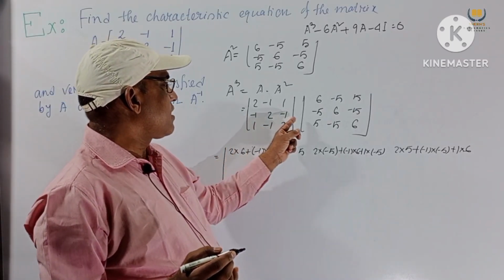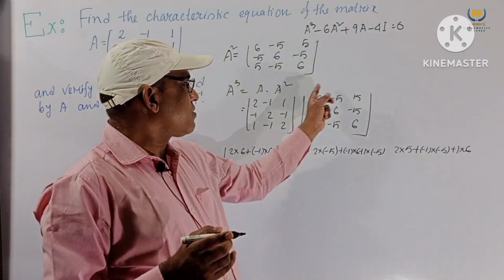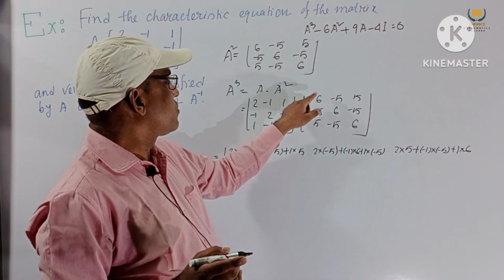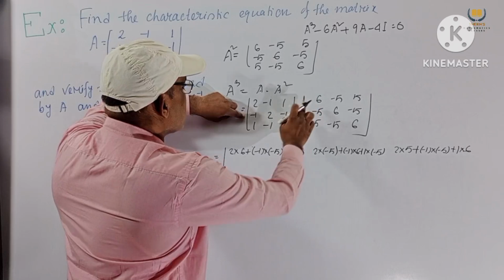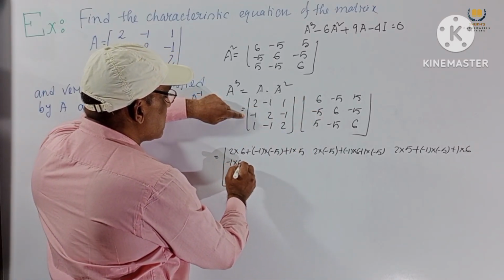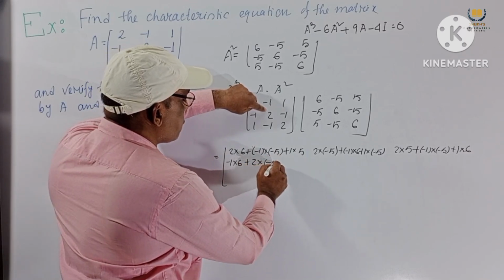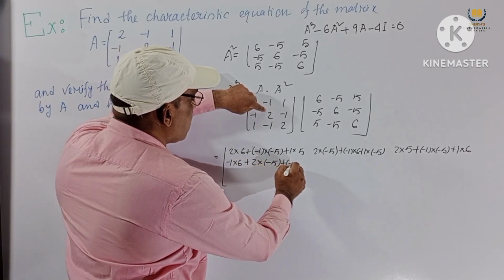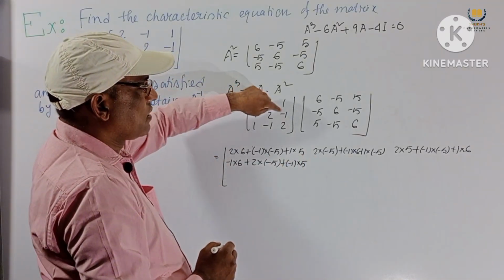Similarly, we select the second row and multiply in the same way. It has a technique, so there is no need to look at the matrix here. Minus 1 into 6, just write the right-hand side 6: minus 1 into 6, then 2 into minus 5, then minus 1 into 5. We can easily solve this.